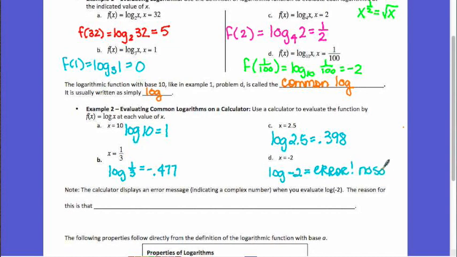No solution. All right, so down here, notice the calculator displays an error message indicating a complex number when you evaluate log of -2.